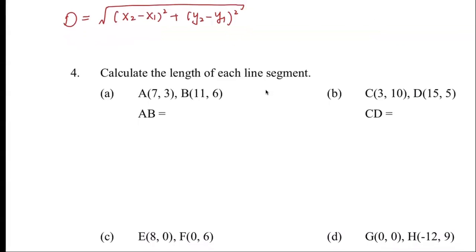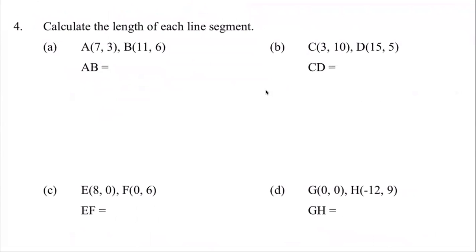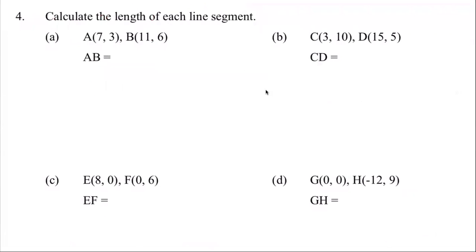So let's apply this formula to these particular points. For part A, A is (7, 3), B is (11, 6). So AB is the square root of (11 minus 7) squared plus (6 minus 3) squared.